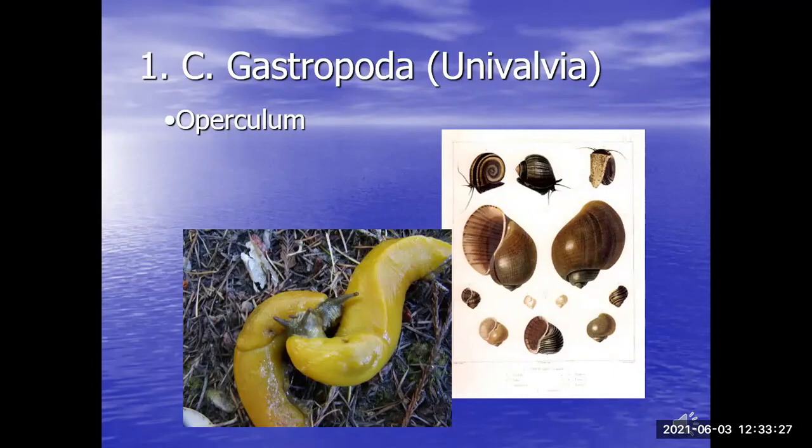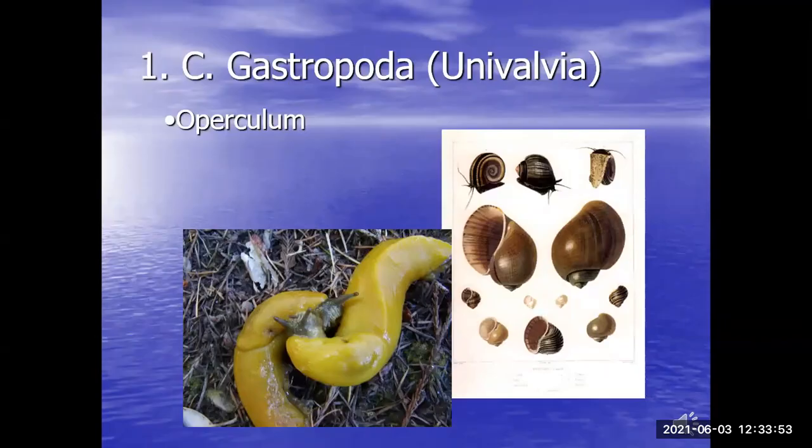Also, gastropods exhibit torsion. We've seen torsion before, but in plants, and we didn't call it torsion then. In phototropism, when a plant was responding to light, the plant would be bending toward the light. Why? Because the side away from the light is growing faster.